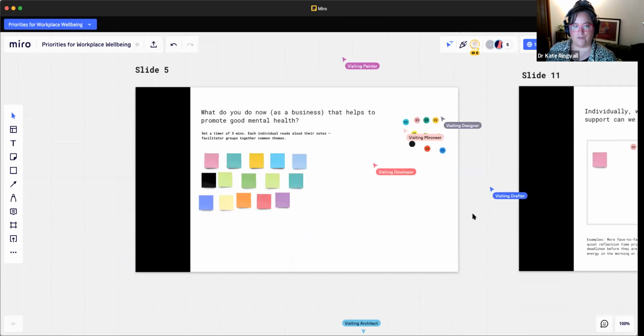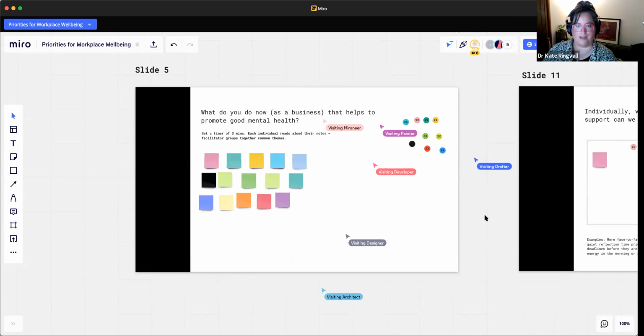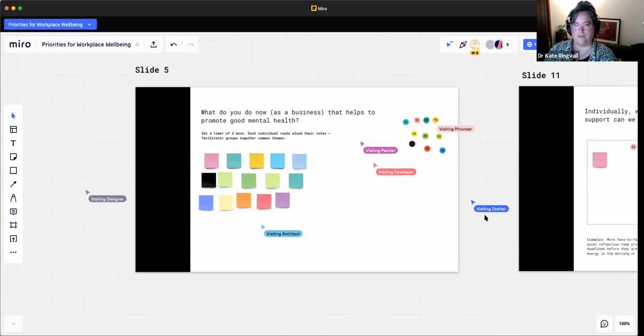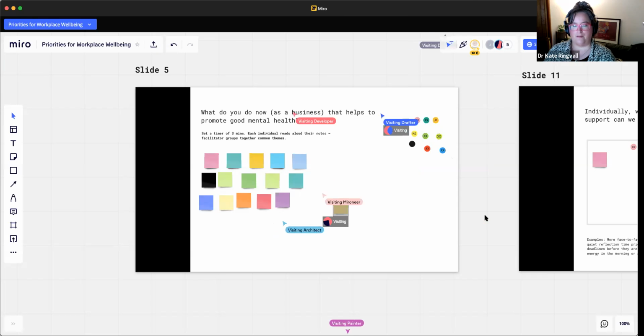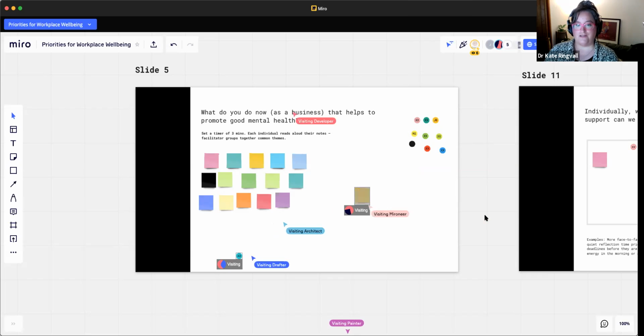Okay, so new people, grab a color dot that hasn't already been taken. You might have to start at slide 1 and see where people haven't put their initials on the dot, and that way you'll know which color is available, and then just put your initials into the dot.